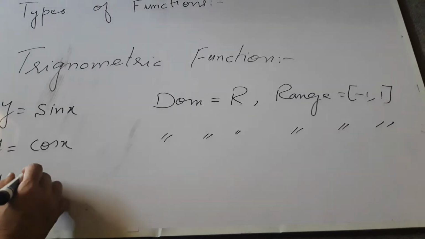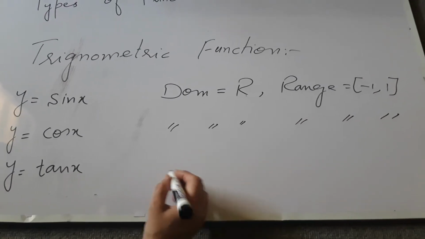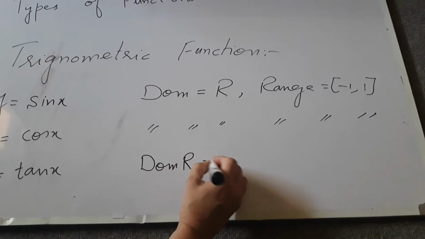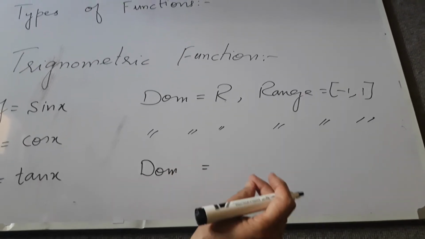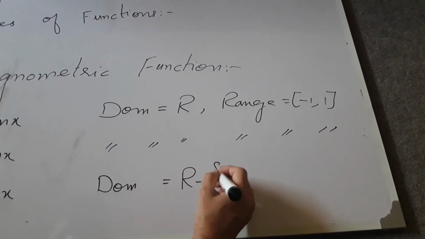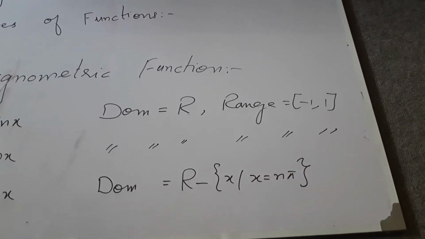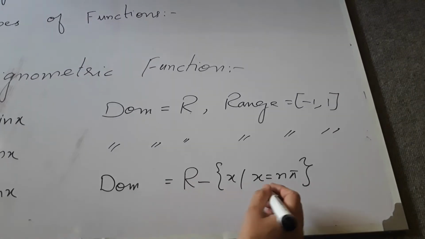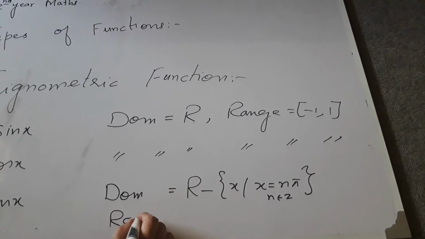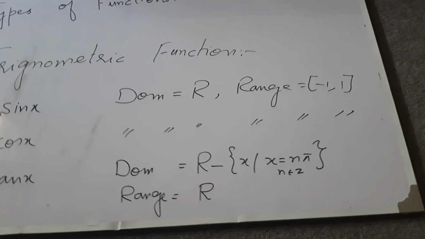Then y is equal to tan of x is also a trigonometric function, and its domain is R minus x such that x is equal to n pi, where n is any integer, and range is the whole R for this trigonometric function.